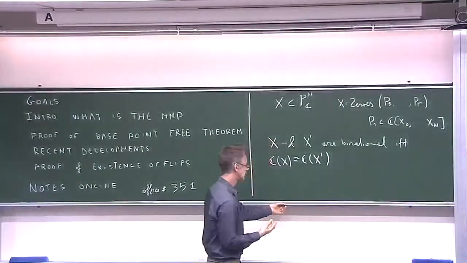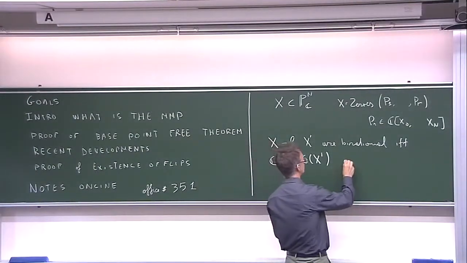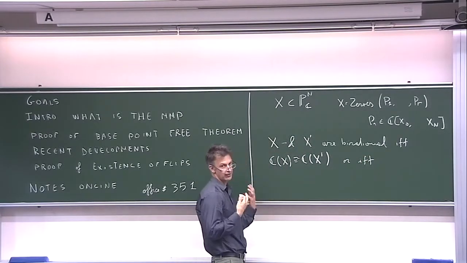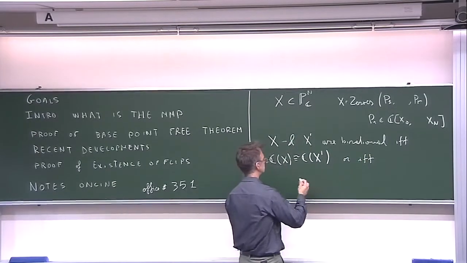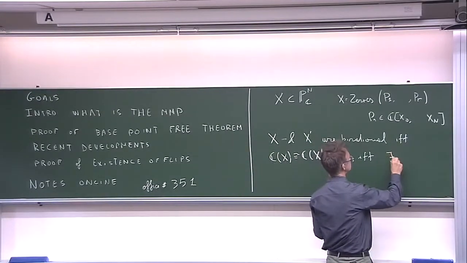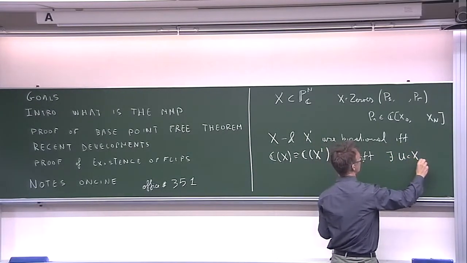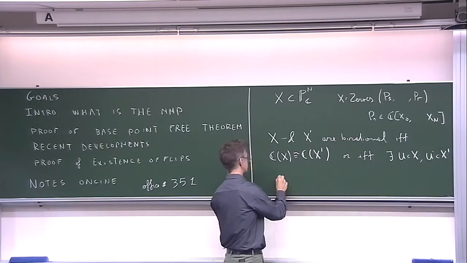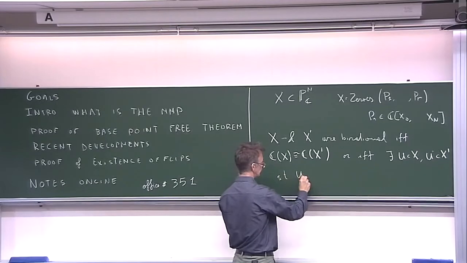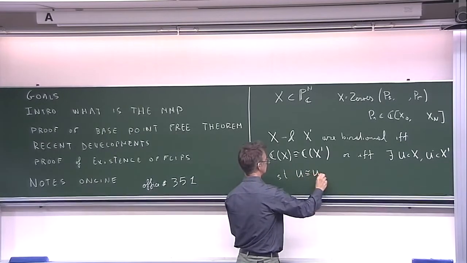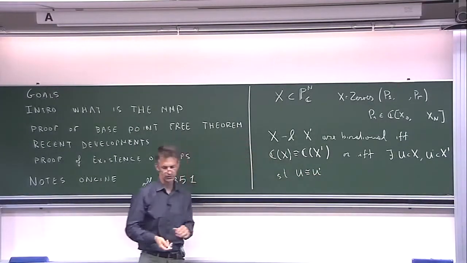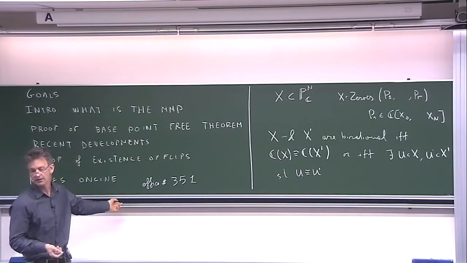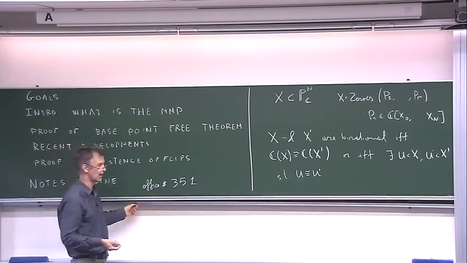But maybe a more hands-on equivalent way of saying that two varieties are birational is if they have isomorphic open subsets. So if and only if there exist open subsets U and U prime, in the Zariski topology of course, such that U is actually isomorphic to U prime. The rational functions are determined by the values on an open subset. Okay, so that's what birational varieties are.